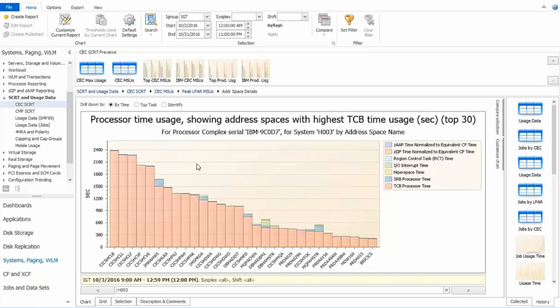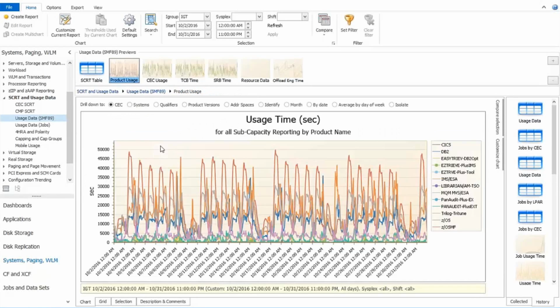Now, several great capabilities emerge from the fact that IntelliMagic Vision consolidates the usage data from the Type 89 records along with the address space Type 30 records. One good use case is to enable you to profile the workload using a product to assist in your efforts to optimize your software stack. In the case of IMS, there are separate MLC charges for separate components of IMS.